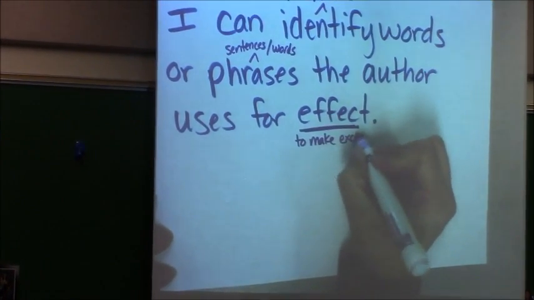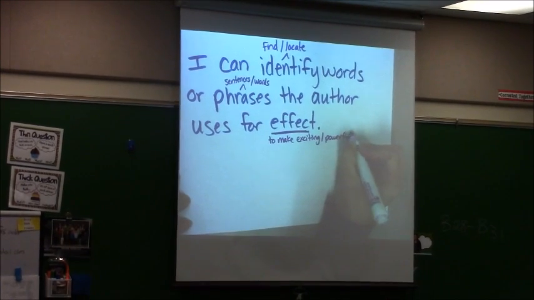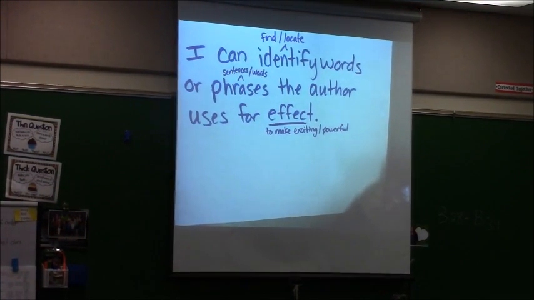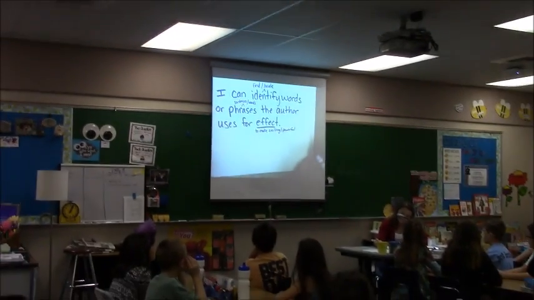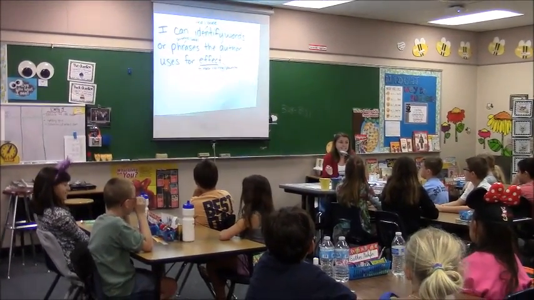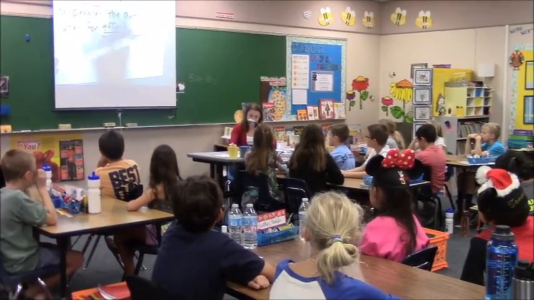Exciting, powerful. Love that word. Fun, realistic. Could show me excitement, sadness. It could be funny. It could be scary, depending on what the author's trying to give us. It's giving us the effect.